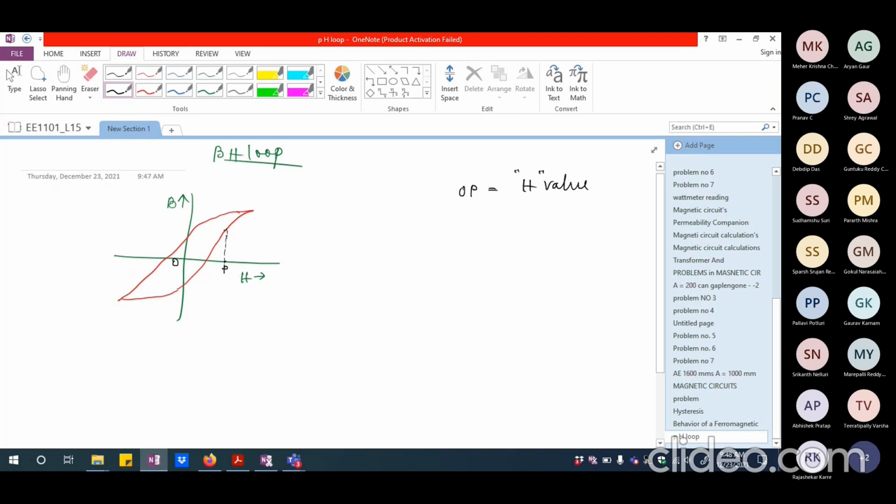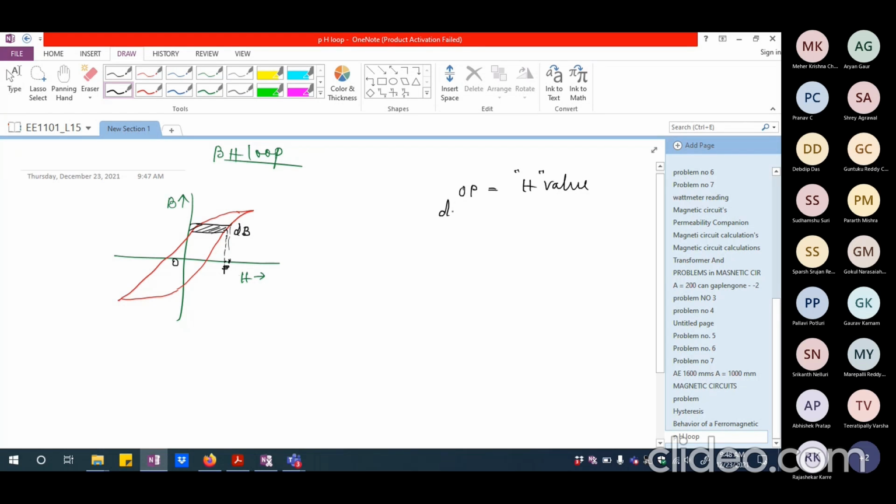If I disturb it slightly from OP and make it OQ, then I'm going to have a very small increase in the flux density, which I may call dB.